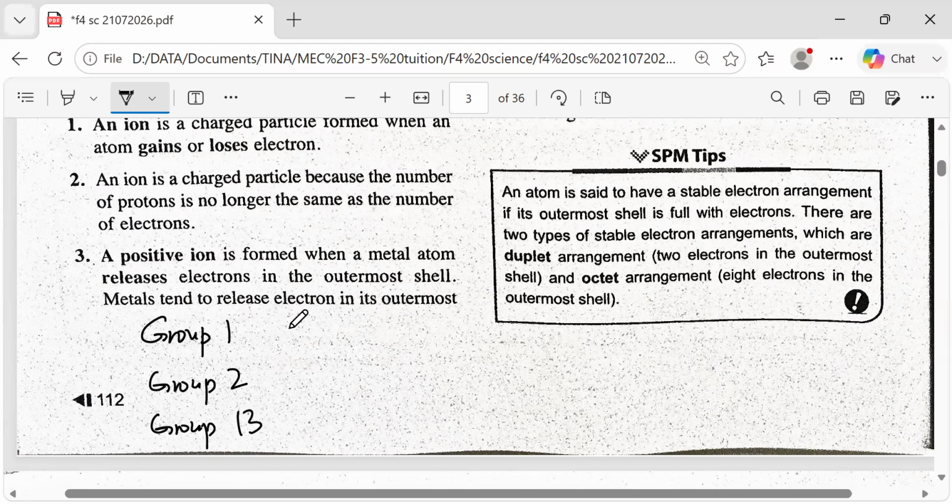For example, sodium 2, 8, 1, magnesium 2, 8, 2, aluminium 2, 8, 3. 我们 focus 3个 okay? Alright. Are they metal or non-metal? Huh? Think first. Look at your periodic table. Group 1, group 2, group 13. Metal or non-metal?